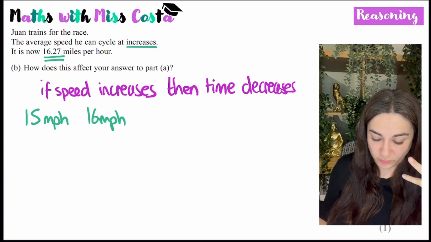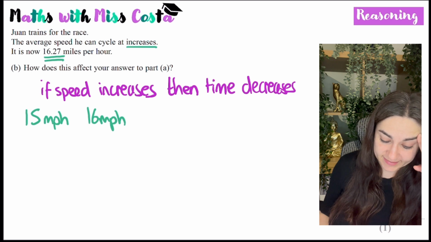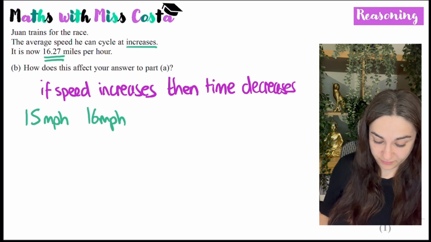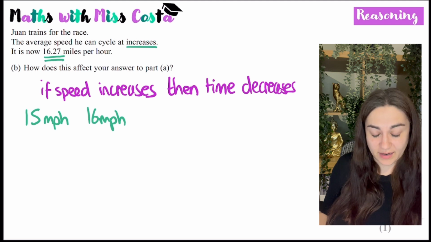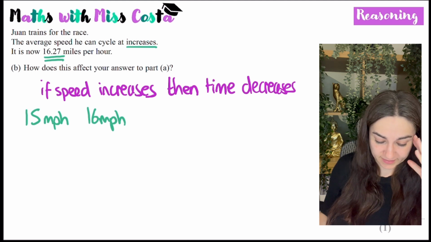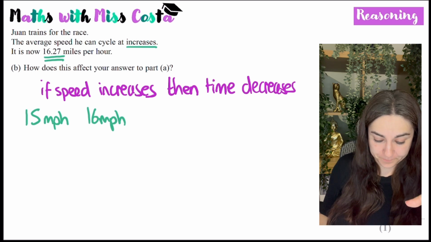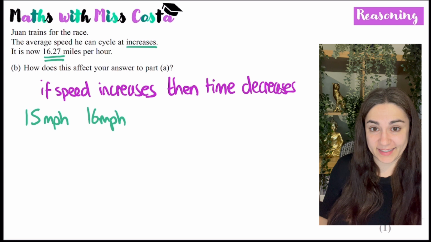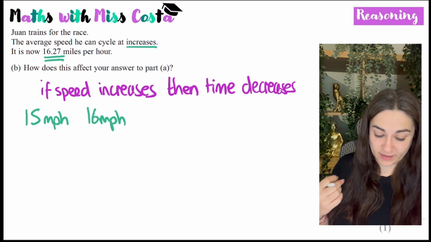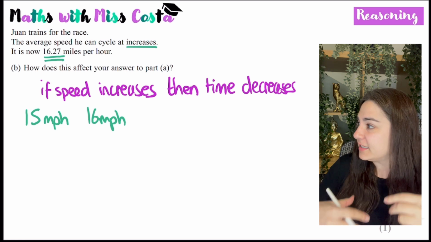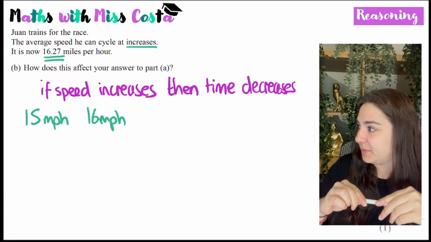Although it's all about your reasoning. So you could have said it doesn't affect my answer because I still would have rounded it to 15 for ease of maths. Or you could have said if I did use 16 miles per hour, I might have rounded it to 20 and then my time would have decreased significantly. So it's about thinking, what is the impact it would have in real life and how does this apply to your question in particular?